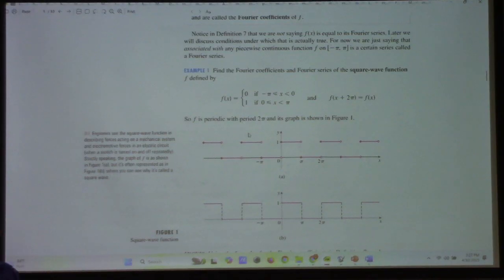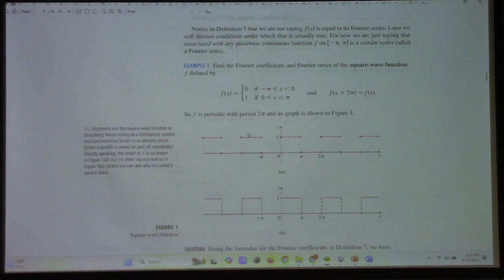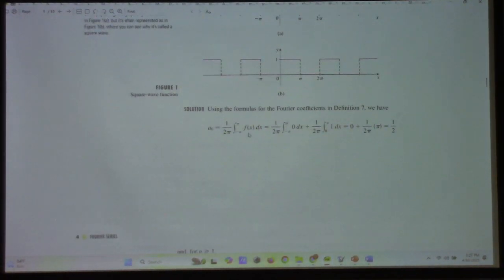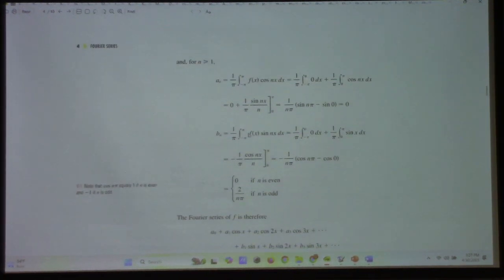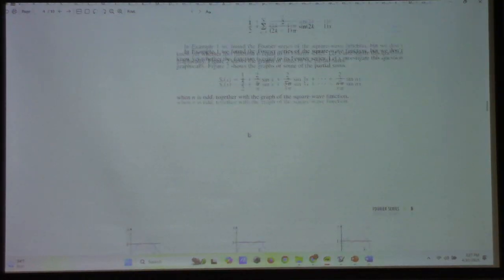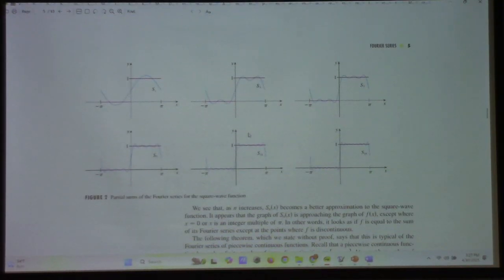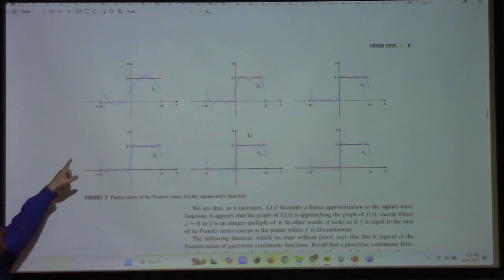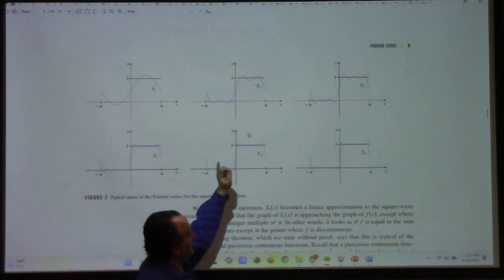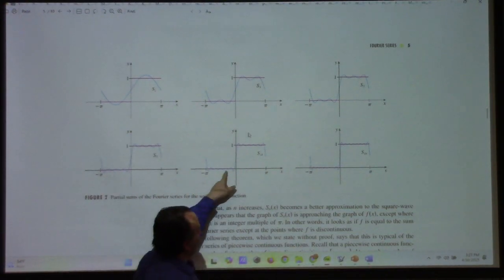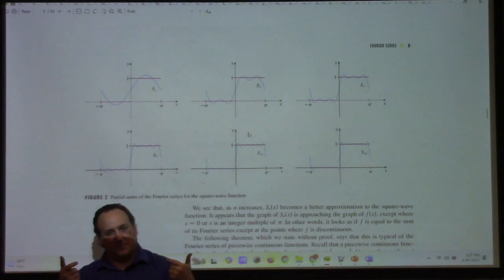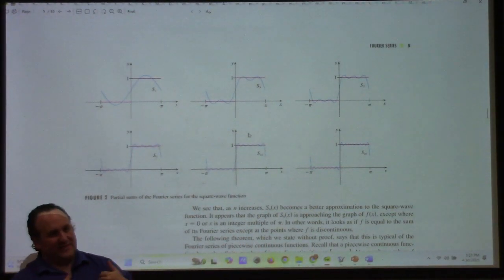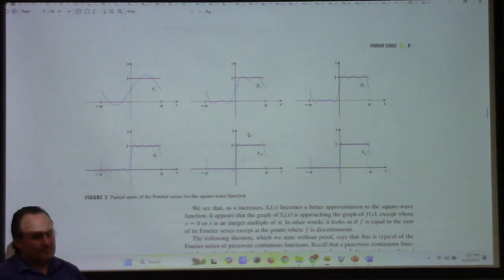He builds the Fourier series explicitly by calculating the integrals that I was just talking about. It's some pesky integration, fine. But after you get through it, you get these: the first approximation, the second, the third, 7th, 11th, 15th. As you go further, you get closer and closer by adding more and more sines to represent something like a square wave.